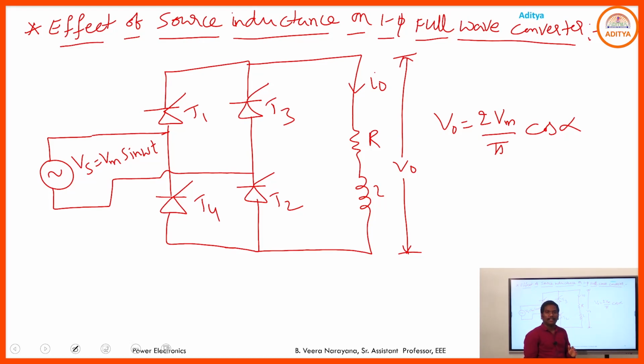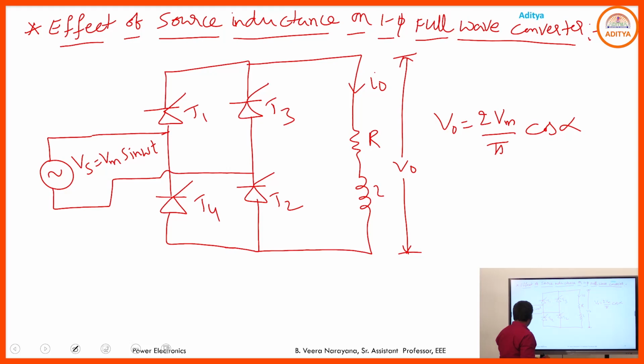But practically, the source possesses some internal impedance. Due to that, we are not able to collect this much voltage, V0 equal to 2 Vm by pi cos alpha. Then what is the effect of the source impedance?